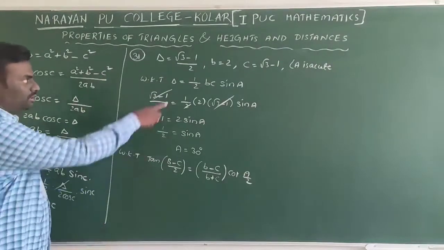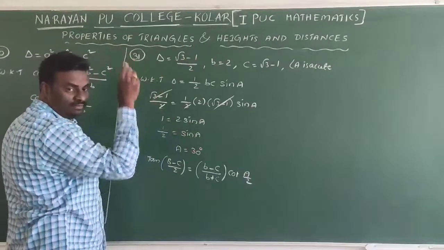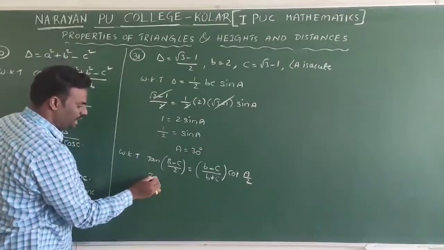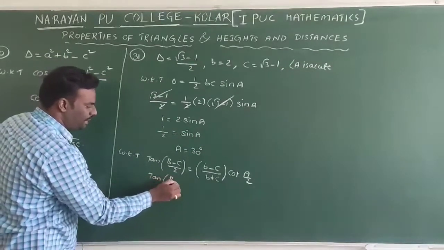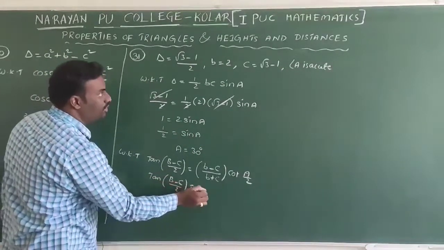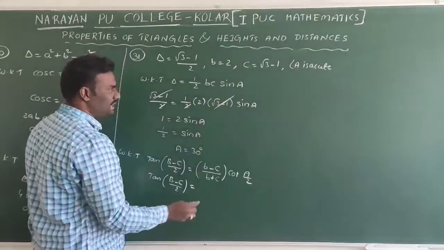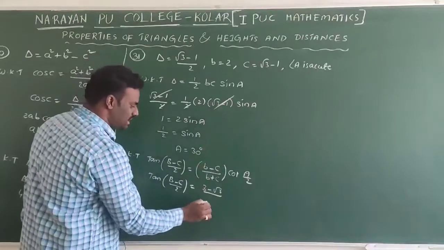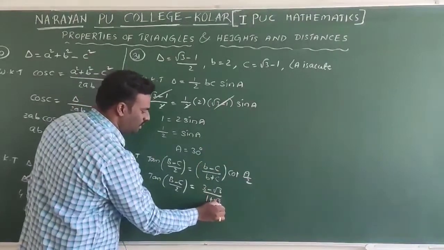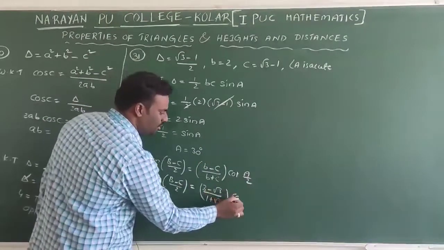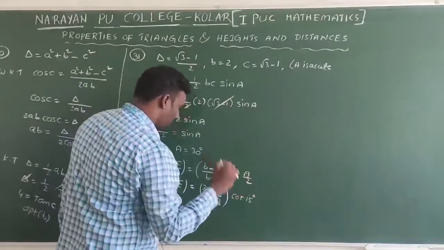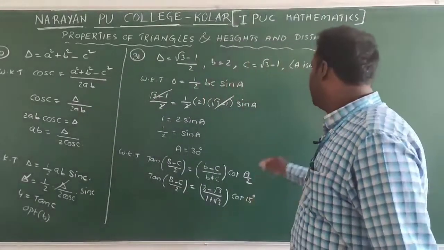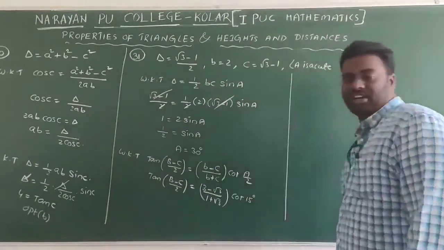In this rule, we already know b, c and A. Substitute: tan of (B minus C) by 2 is equal to b minus c, that is 3 minus root 3, b plus c is 1 plus root 3, into cot 15. Already in trigonometry I explained the cot 15 angle.